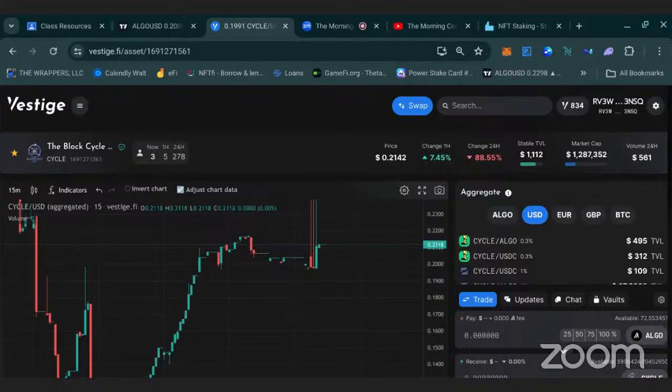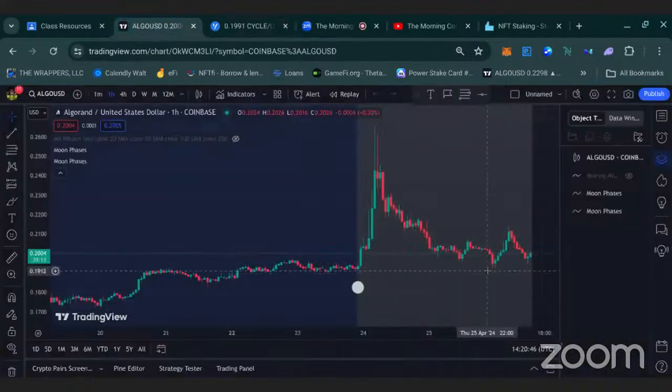Since only 1 to 3% of the whole world knows about this, the more people learn about cryptocurrency and blockchain, I can guarantee you the price of this token will go up. I can guarantee that for a fact. Even when the price of algo goes down, our token can still go up.